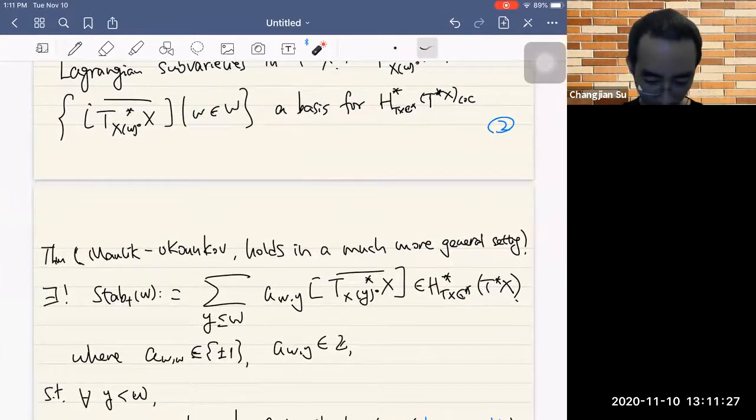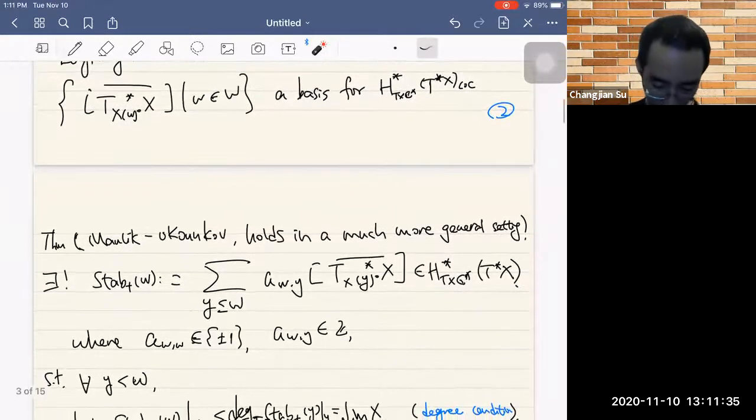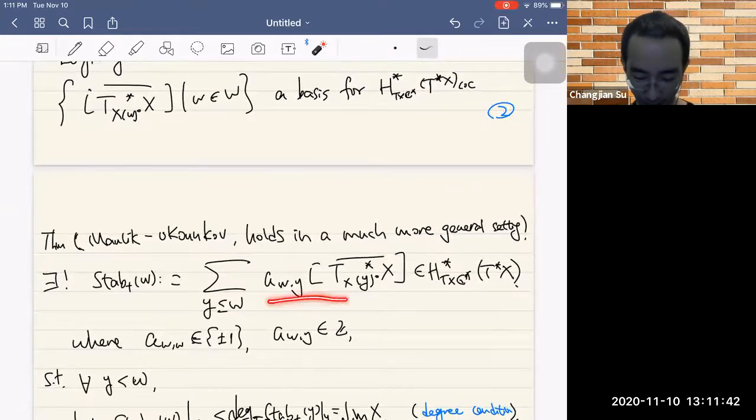Okay, so this basis is very hard to study, but you can modify this basis to get a well-behaved basis. Their theorem says we can find some integers and form this linear combination of these conormal bundles. But we want this transition matrix to be triangular.